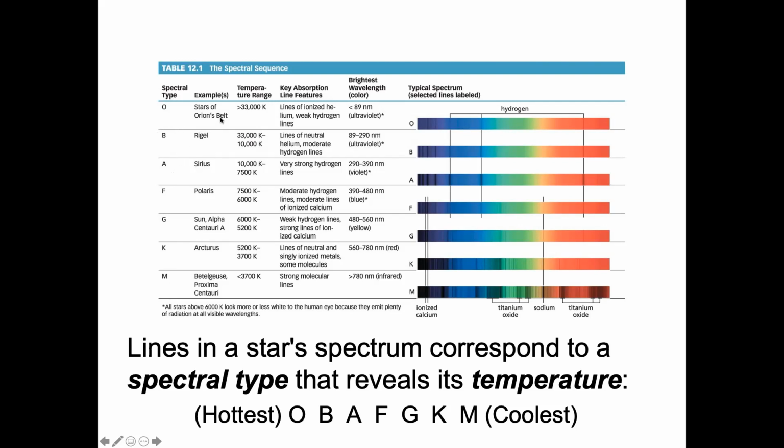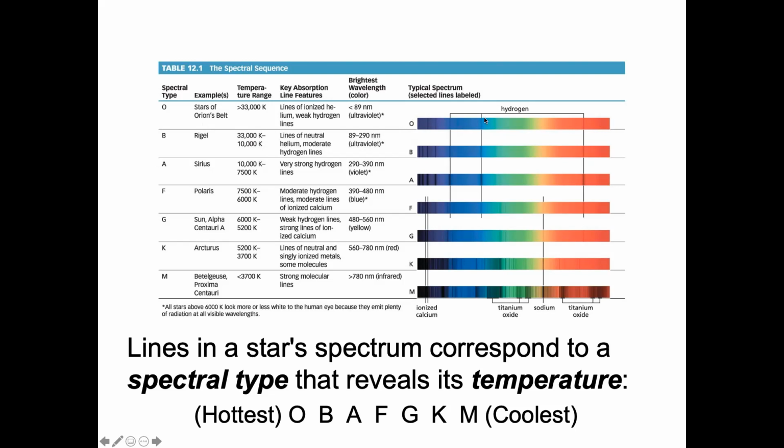And these spectral types are based on temperature ranges and also on looking at spectral lines. That's why we're reintroducing the word spectral here. So when we look at distant stars, let's look at a really, really hot star, and we see that it almost looks like a continuous spectrum.